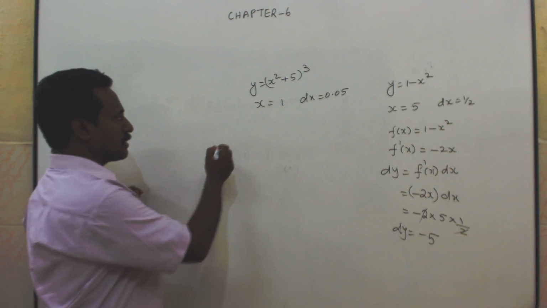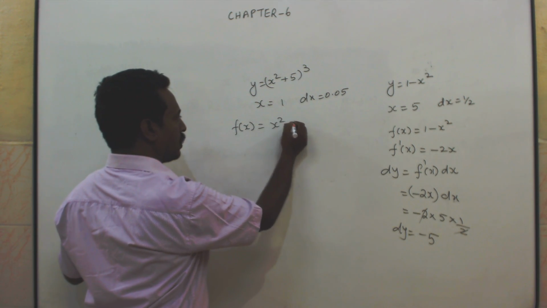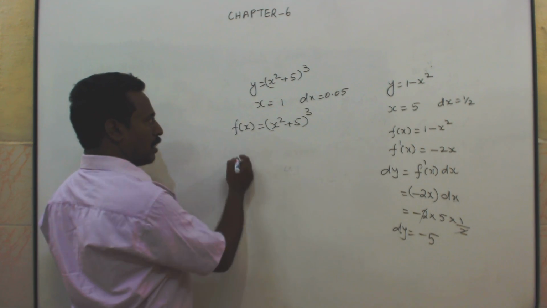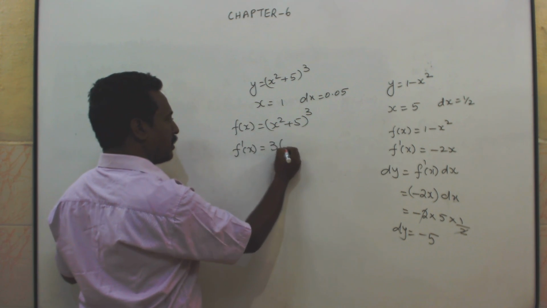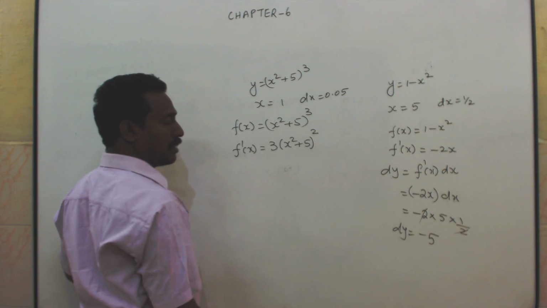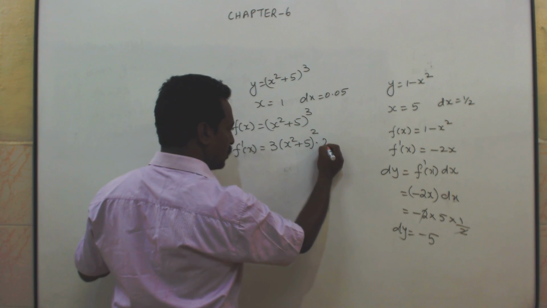Here f of x is x square plus 5 whole cube, f dash of x is 3 into x square plus 5 whole square, then differentiation of x square is 2x.